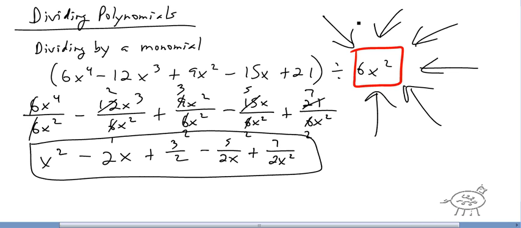Alright, so this next part is where it's more challenging. You guys learned long division, and you're like, oh no, long division. But it really isn't that bad. So this is going to be dividing by a binomial.